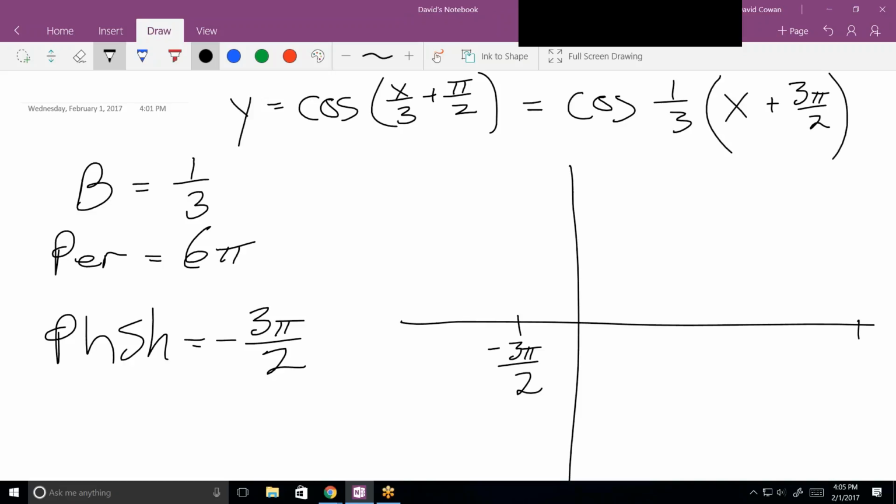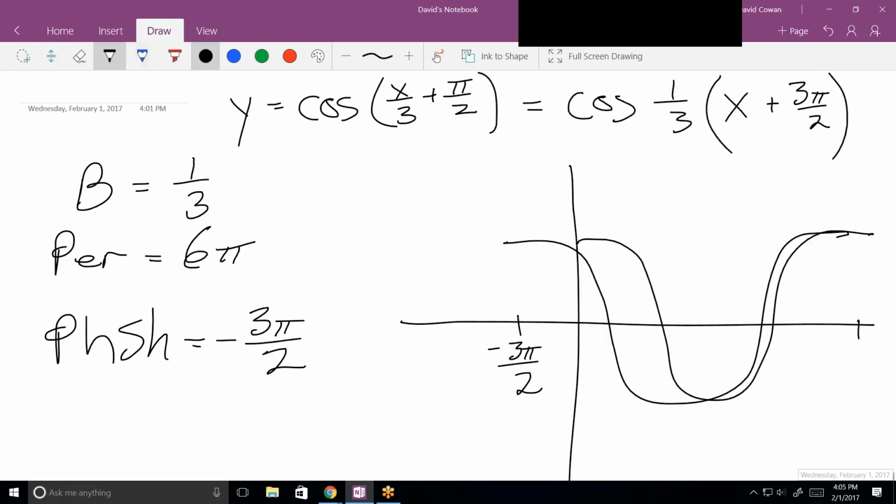Where is it going to end? No, that's where the beginning is shifted from 0. In other words, with the phase shift, instead of starting the cosine curve here and drawing it like that, I'm going to start it over here and draw it like that.